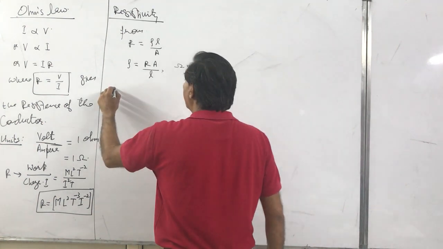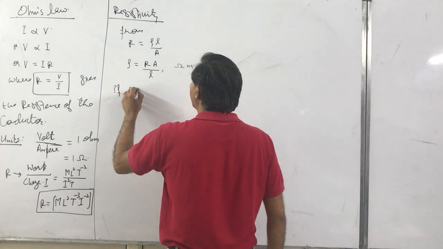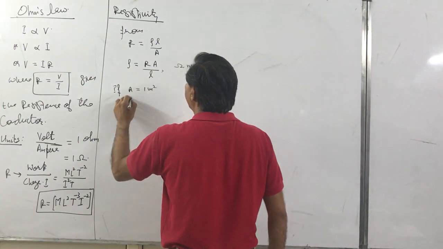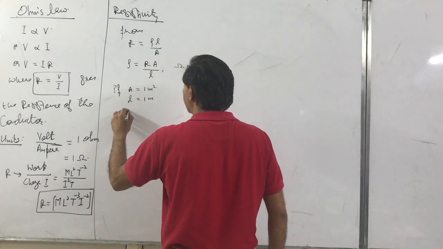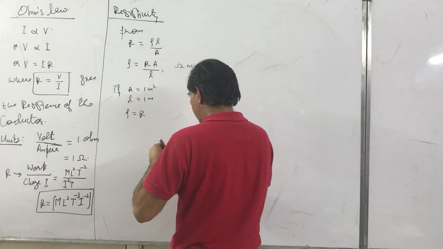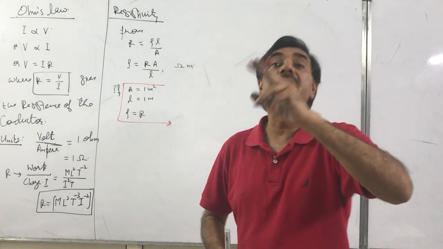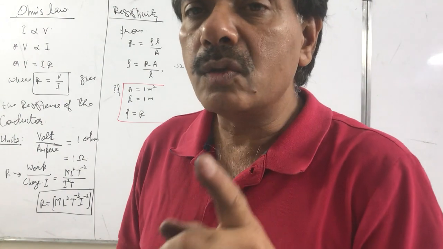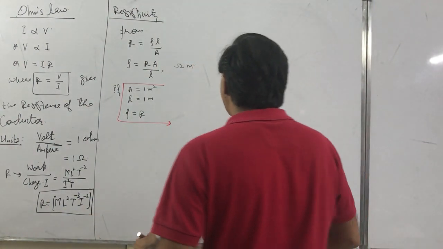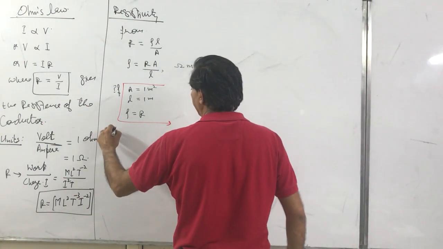If A is equal to 1 meter square and L is 1 meter, then rho is equal to R. Resistivity is the resistance of a unit length of a wire having a unit cross section area.